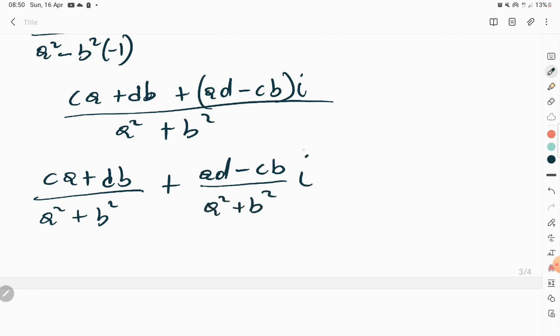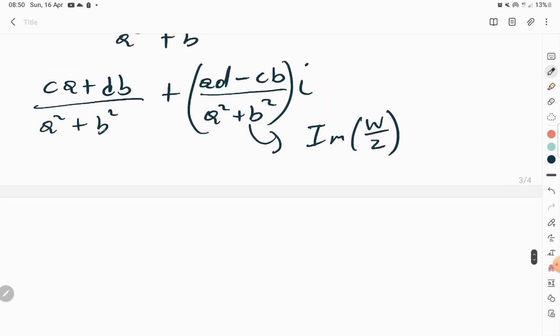Then there's i in that. So we can see that this is the imaginary part of what? Of w over z. Then this one is the real part. Real part of what? Of w over z. Okay, so it is good for that.